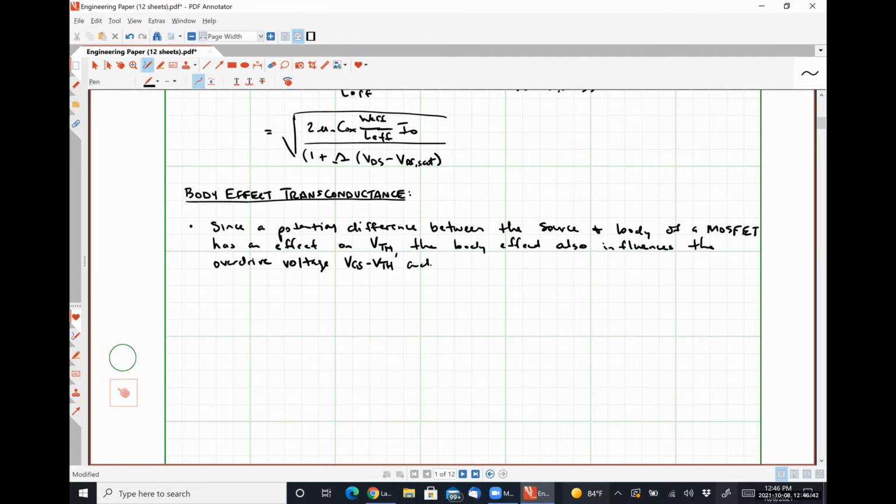And since our drain current in both the saturation region and the triode region depends on the quantity VGS minus VTH, body effect influences current flow, and therefore it will have its own transconductance.